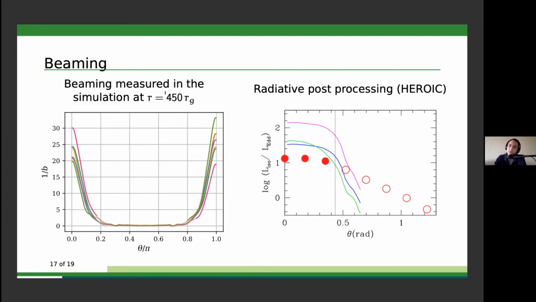But again, this was measured close to the simulation. The good thing about this HEROIC code is it can extrapolate that radiation field, and you can calculate what the observer at infinity is going to see. So if you redo the post-processing, except now you're sitting at infinity, what you get are these red dots.